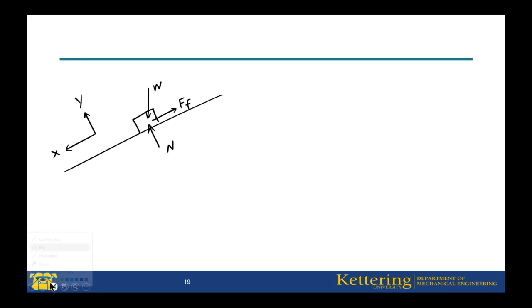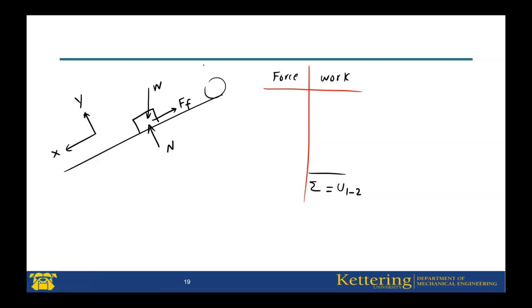Now, what I usually do, for example, is just write the forces and in front the work. If you sum all of these, this will be U1 to 2, from this state to this.